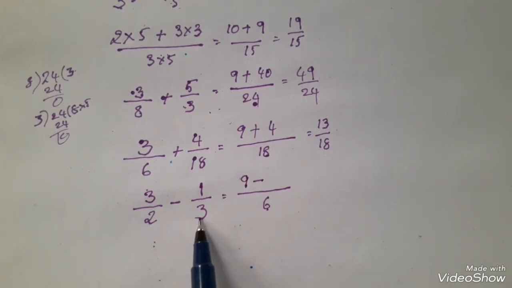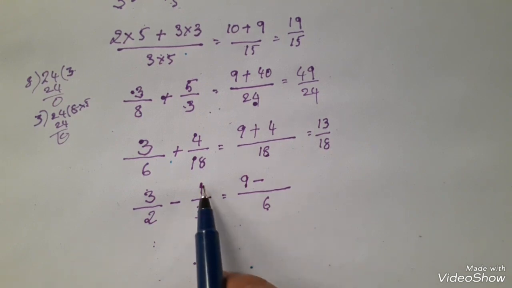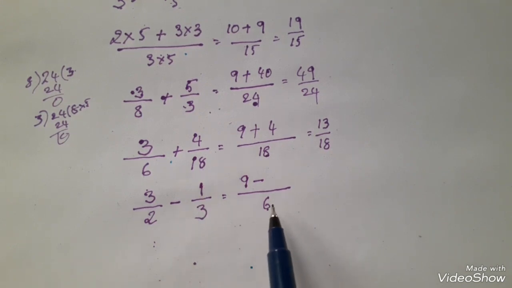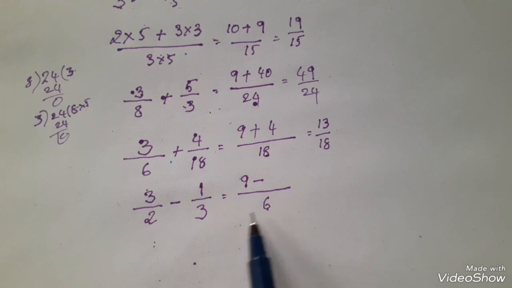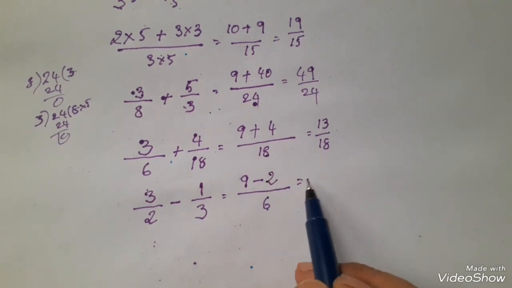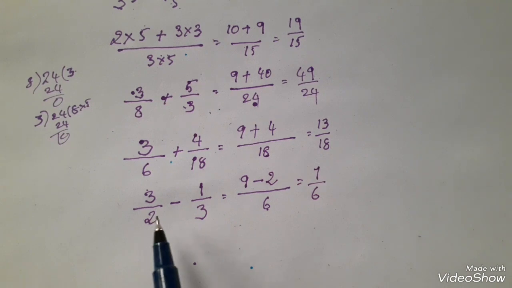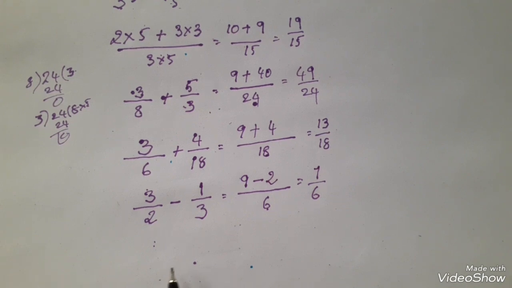Now 6 is divided by 3, we get 2. 2 into 1. First you divide, with that coefficient you multiply the numerator. 6 divided by 3, how many times? 2 times. 2 into 1, 2. 9 minus 2, 7 by 6. So like this we can define addition and subtraction for all like fractions and unlike fractions.